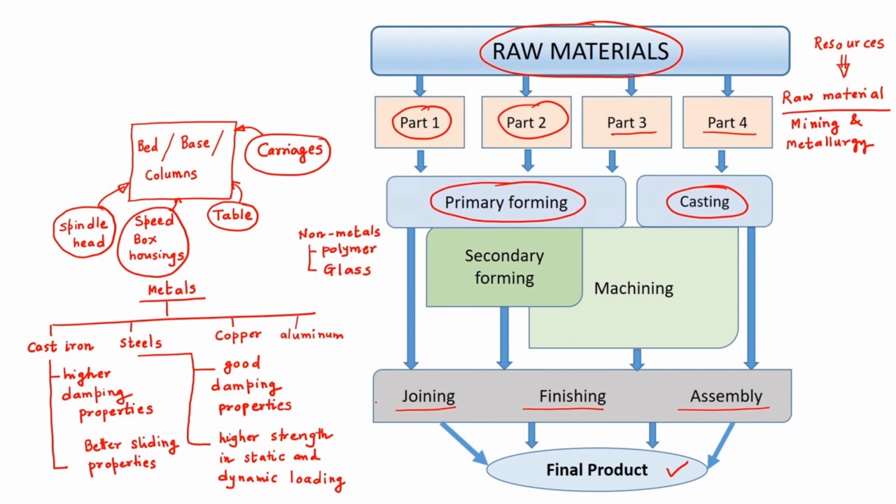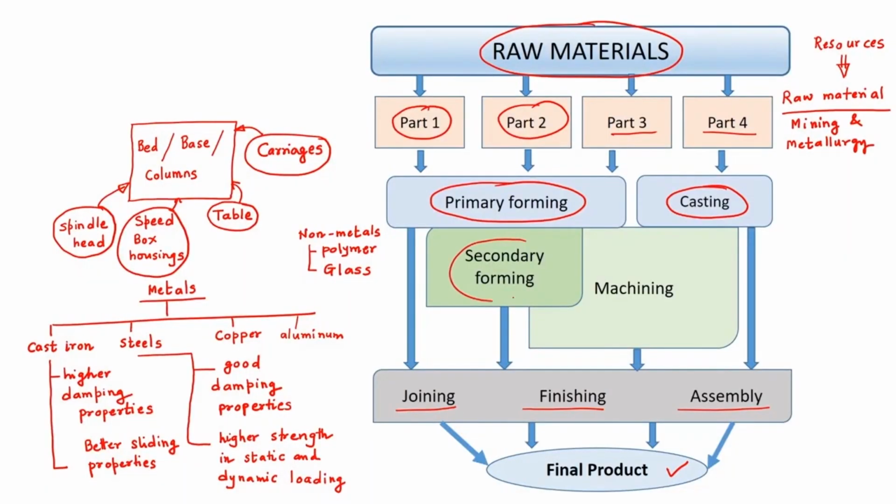However, in certain cases we need to change the shape of the primary formed components. So, for that purpose there is another set of operations we need to carry out, and these are called the secondary forming operations. In primary forming we are getting rolled sheets, extruded bars and rods.